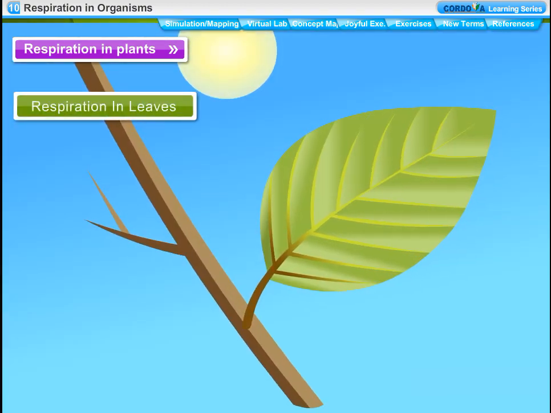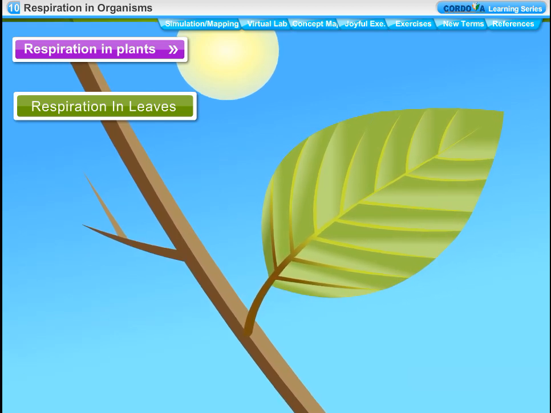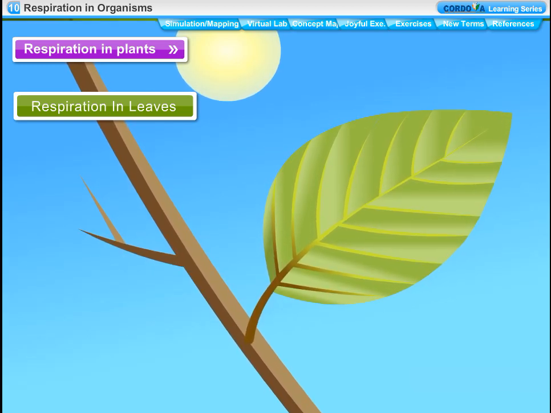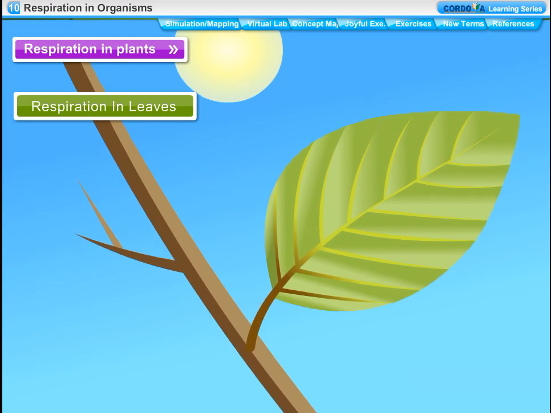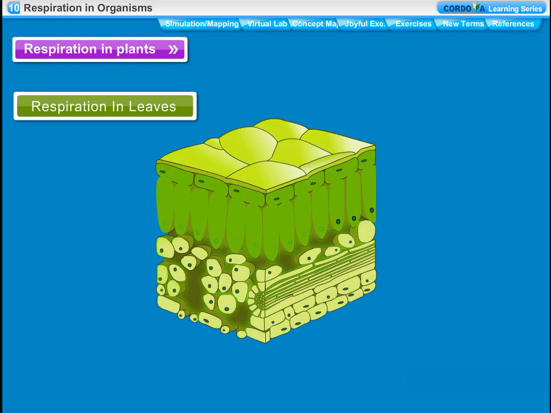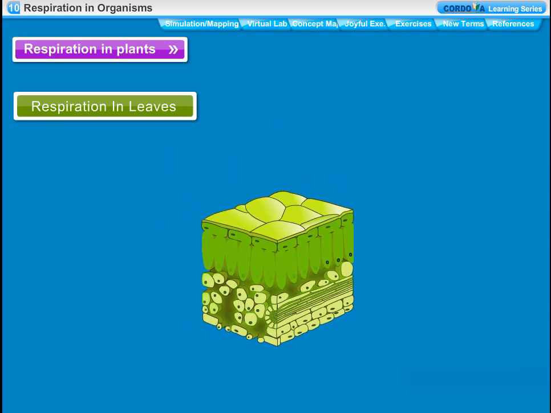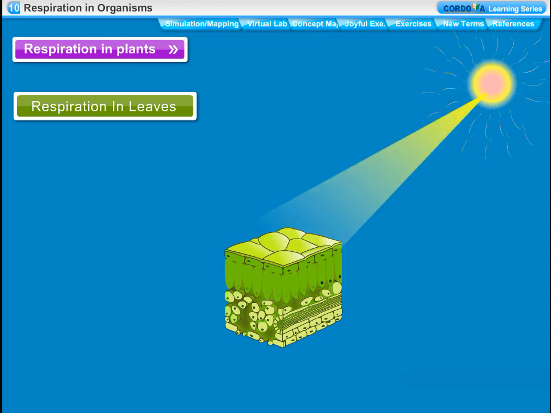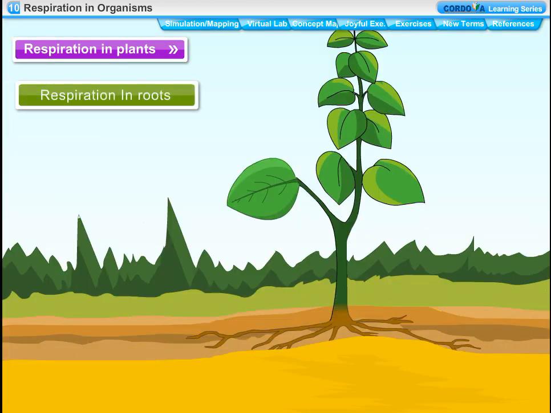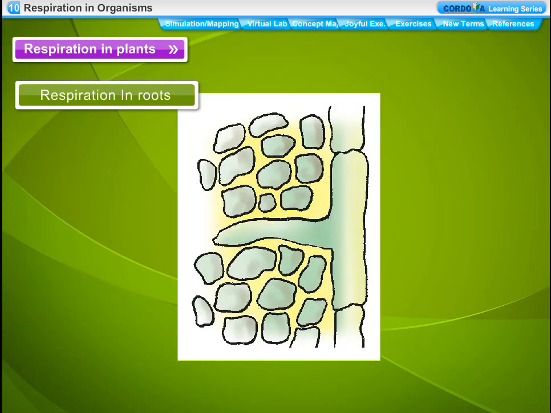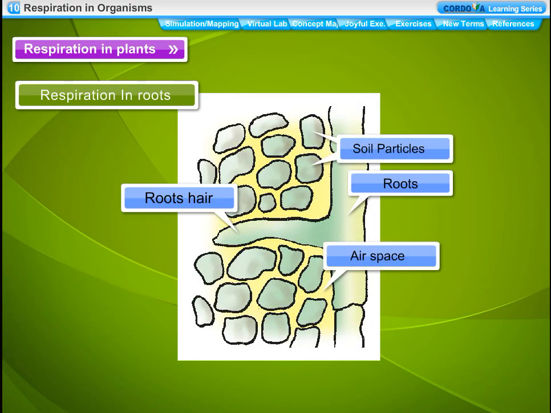Respiration in leaves. We have already learned in Chapter 1 that the leaves of the plants have tiny pores called stomata for exchange of oxygen and carbon dioxide. Respiration in roots. The root cells also need oxygen to generate energy. The roots of a plant have a very large number of tiny hair on them called root hair.